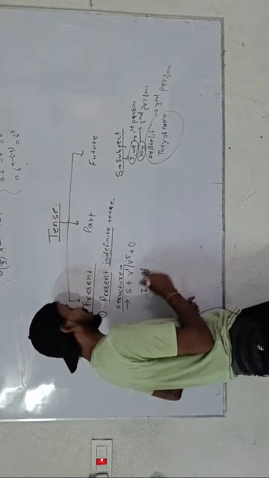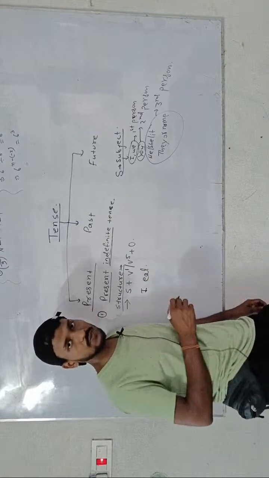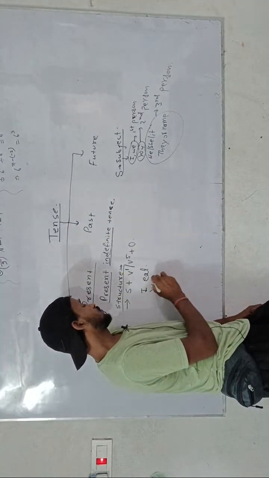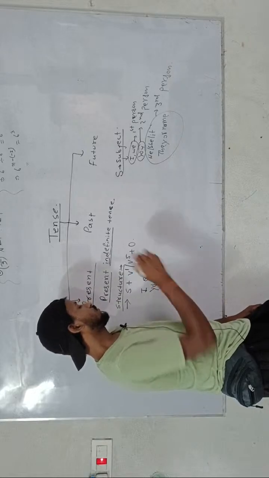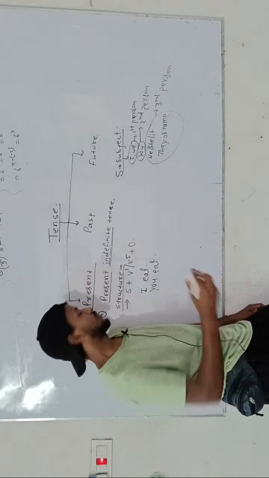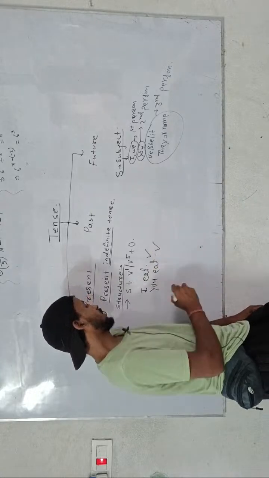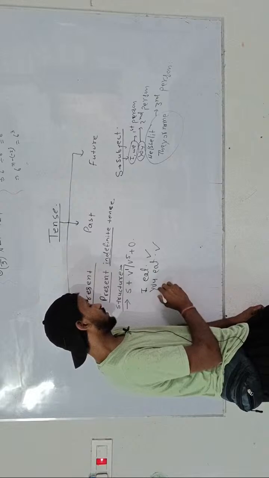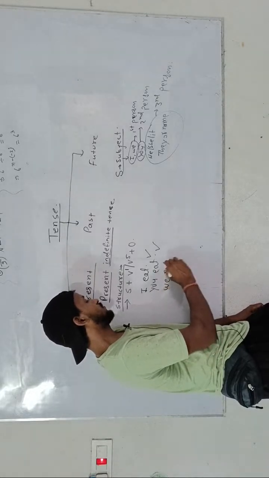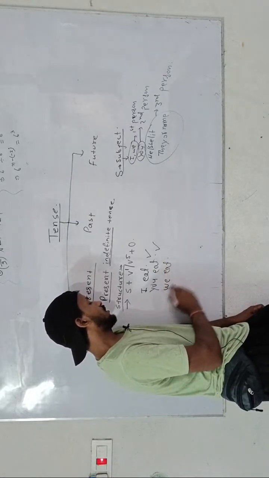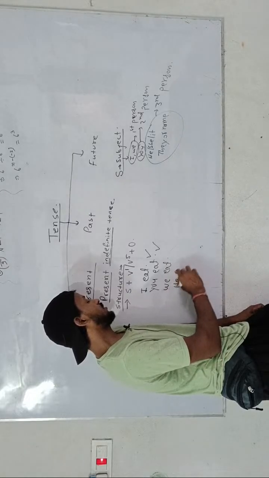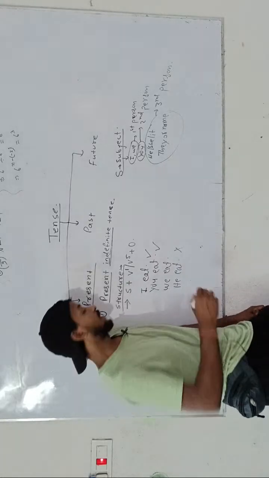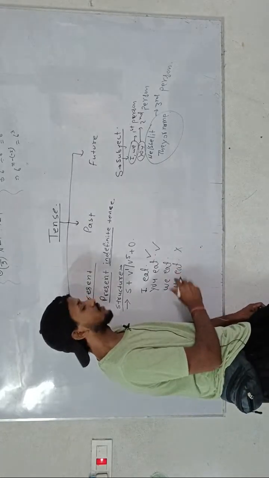So with the first person, I eat. And let's say you. With you, we are using eat. This is also correct. And with we we will write eat. Now, when we write he eat, it is not correct, because he is a third person.